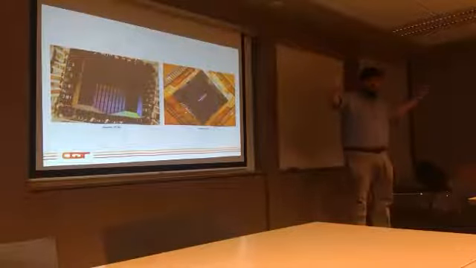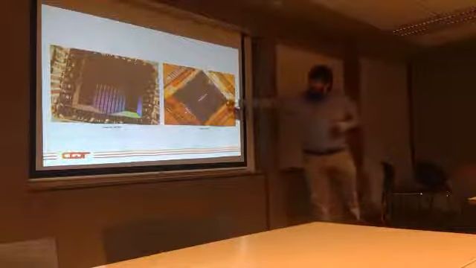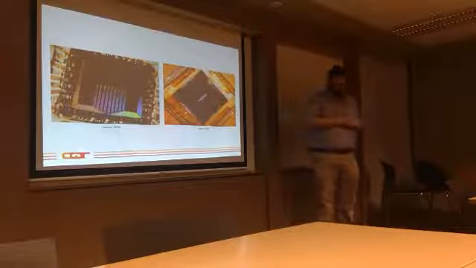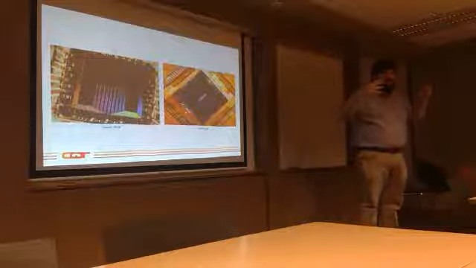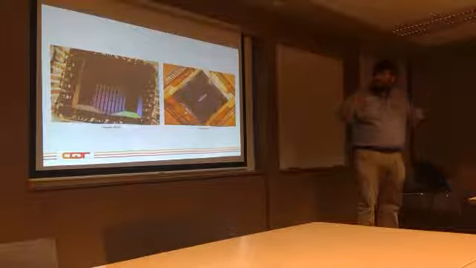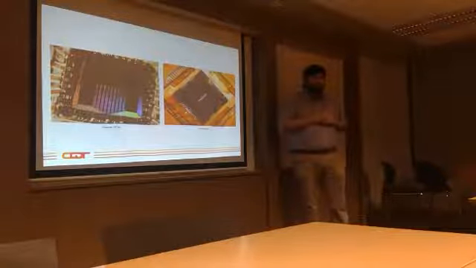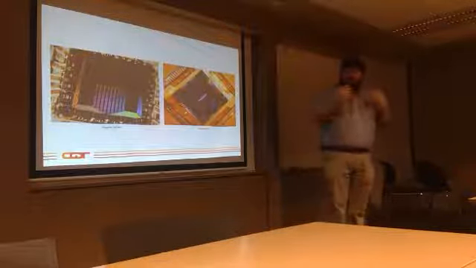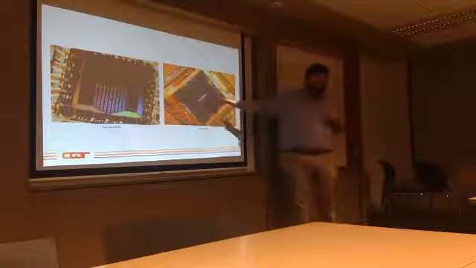Often they're trapped in a line, but there's a number of different ways of doing this. This is a picture of a surface trap, which instead of trapping them in free space, traps them just above the surface of a chip. These surface traps are relatively new.